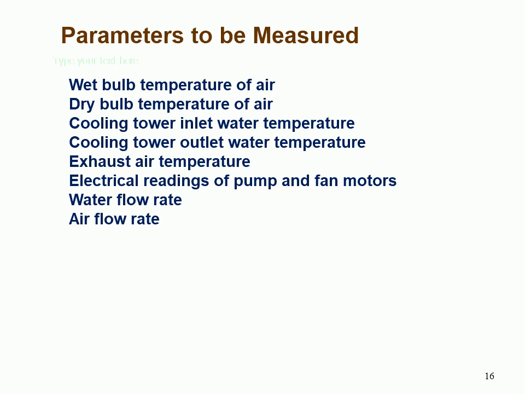During the performance evaluation, portable monitoring instruments are used to measure the following parameters: wet bulb temperature of air, dry bulb temperature of air, cooling tower inlet water temperature, cooling tower outlet water temperature, exhaust air temperature, electrical readings of pump and fan motors, water flow rate, air flow rate.